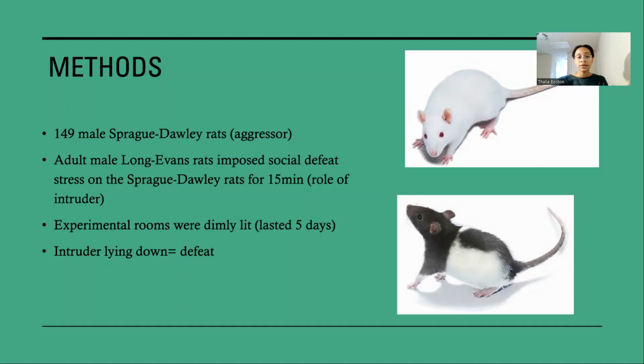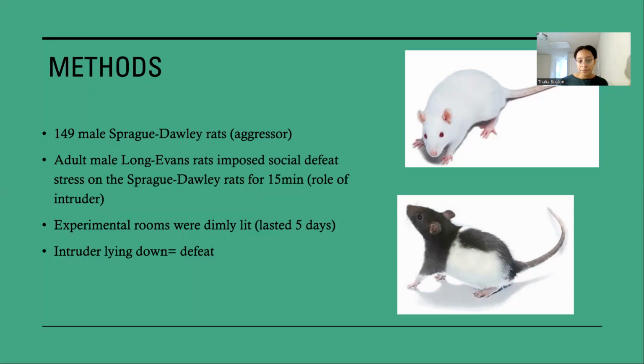The reason they are different is that Sprague-Dawley rats are known as the more aggressive rat in comparison to the Long-Evans rats. This is a key feature because they are testing repeated social defeat stress, so they want to see how these two rats react with each other when put in close proximity.